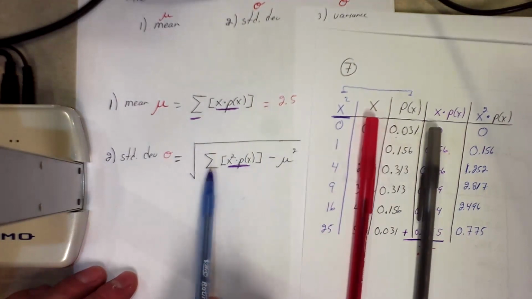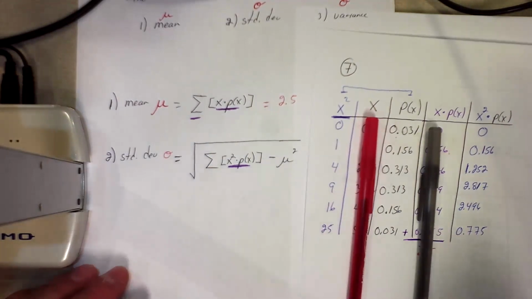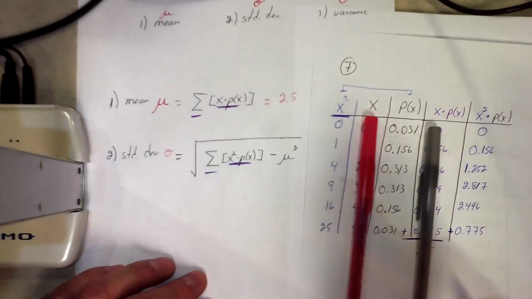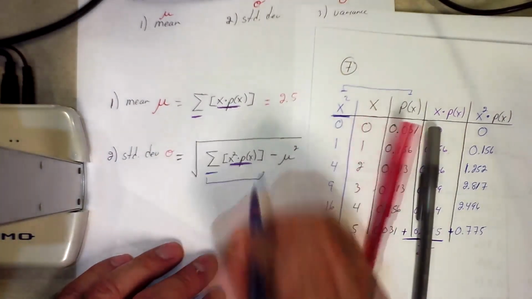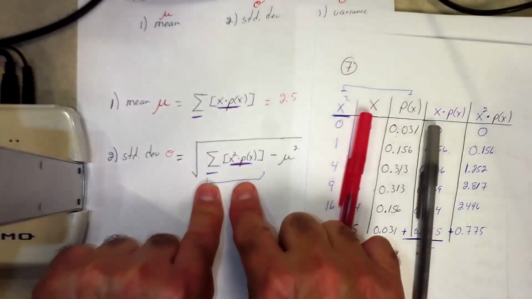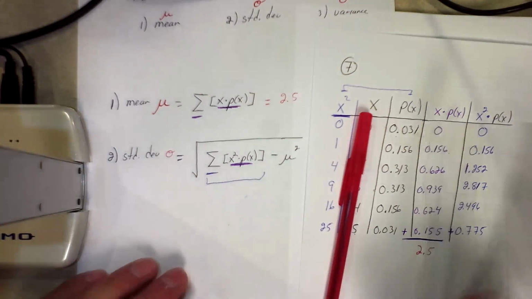Now I have to do the sum. I need to add that column, and that will give me this piece inside of the square root.